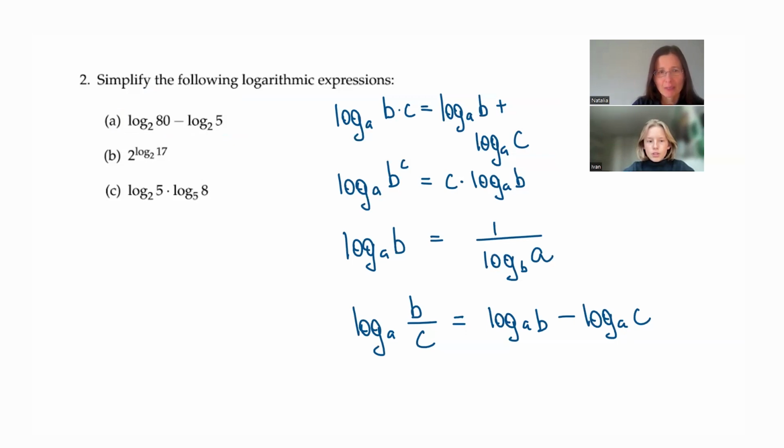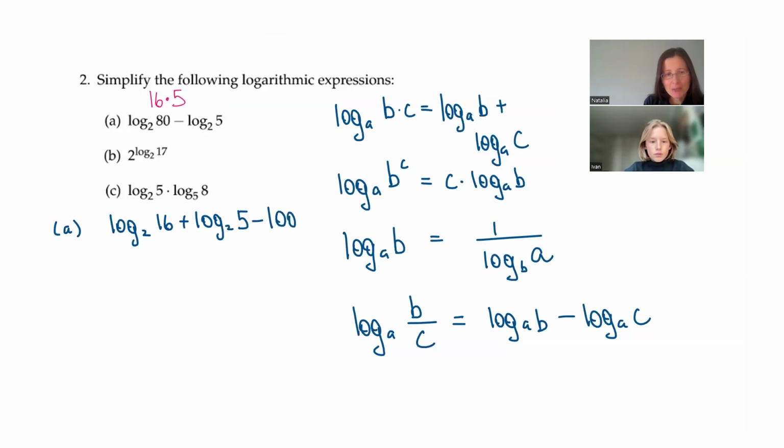So what I noticed is that 80 is splittable into 16 and 5. 16 and 5. Very good. So for 16 times 5, we can use this first rule. Let's use it. So we'll have log 2 of 16 plus log 2 of 5, and it conveniently cancels with the minus log.